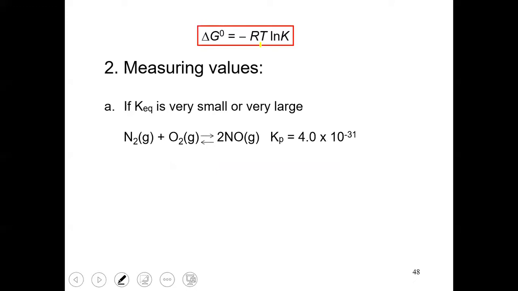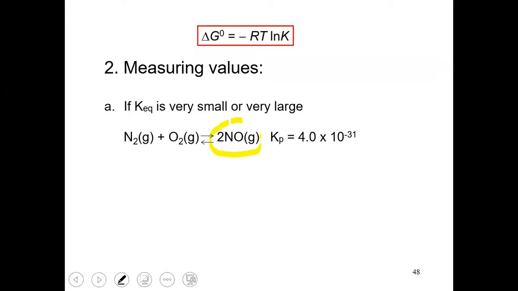This reaction here that I'm showing has a Kp on the order of 10 to the negative 31. Now imagine that you tried to measure the concentrations or the pressures of the species so that you could find out what Kp is. There's no way you're going to get the pressure of that product accurately measured to give you a Kp that small.